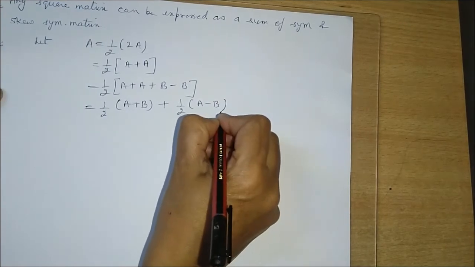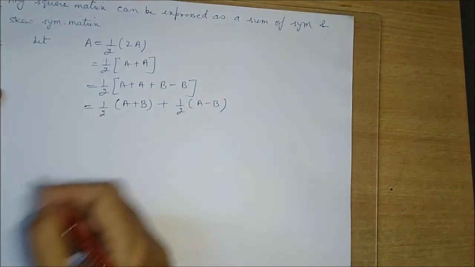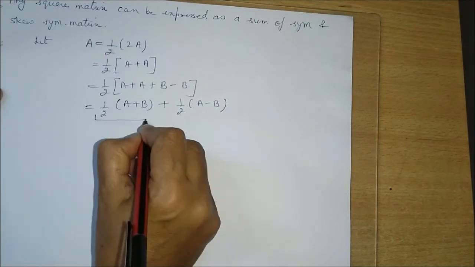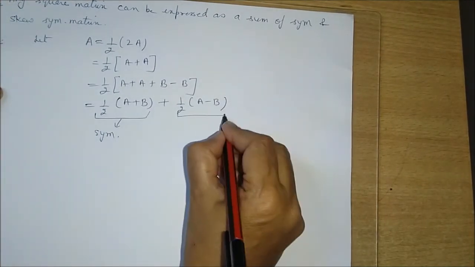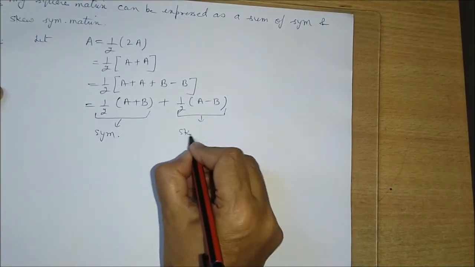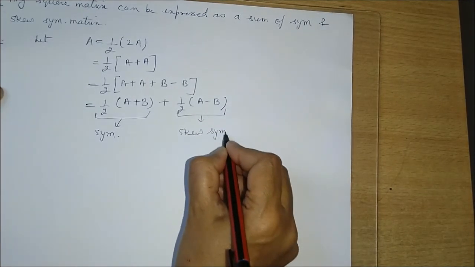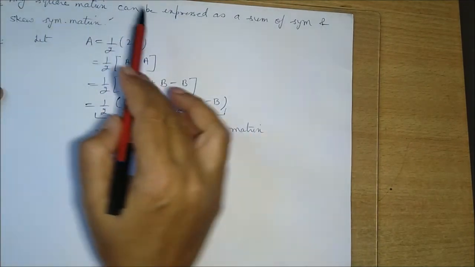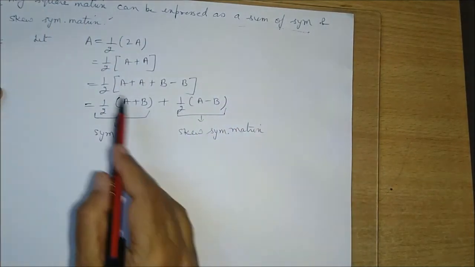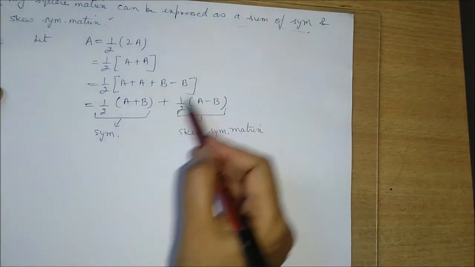Now we have already proved earlier that A plus B will be a symmetric matrix and A minus B will be a skew symmetric matrix. So we can say that any square matrix can be expressed as a sum of symmetric as well as skew symmetric matrix.